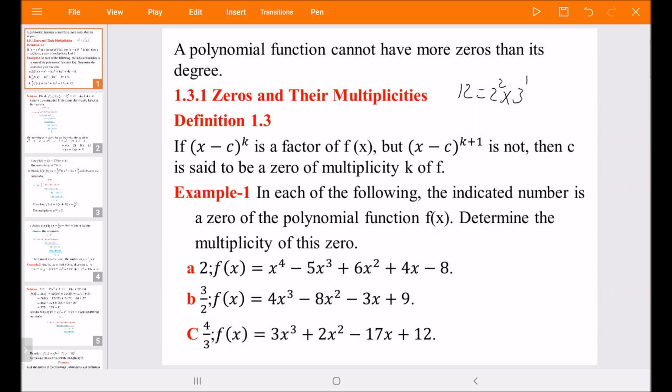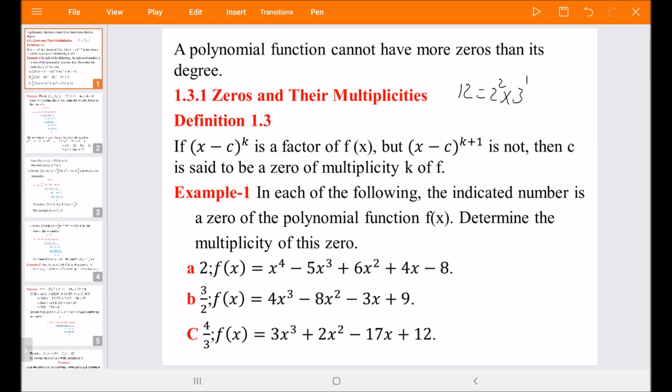Now, these two numbers, 2 and 1, in a polynomial, after factorizing a polynomial or expressing it as a product of its factors, the power of a given factor indicates how many times that factor appears as a factor of the polynomial, and it is called the multiplicity of that factor.